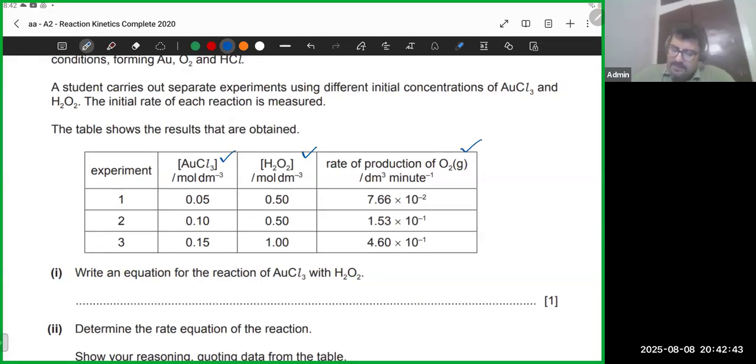Well, the trouble is you will not be able to figure out the order with respect to H2O2 because if you double this, there's going to be an effect on the rate of reaction, but the problem is you have to keep the other reactant constant. So again, इसमें वही problem होगी. We'll do this one tomorrow then, ठीक है? So again, next class में we'll practice more of these questions.